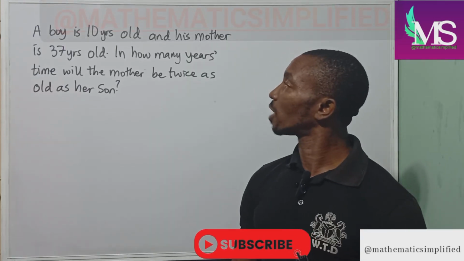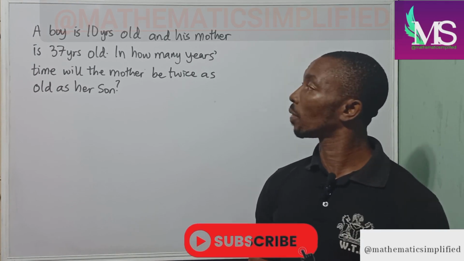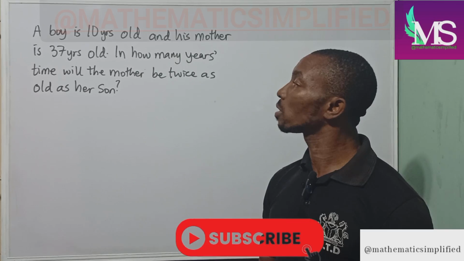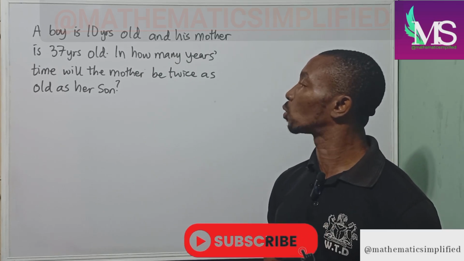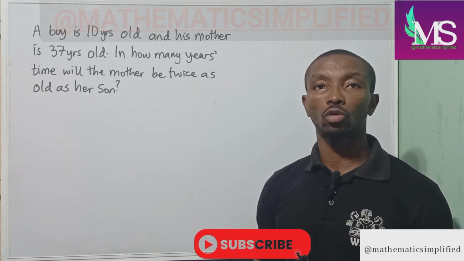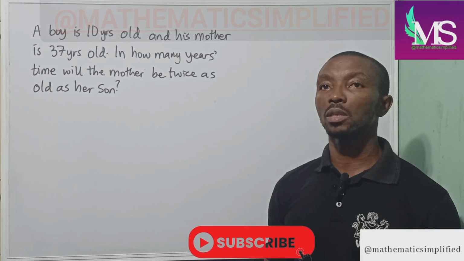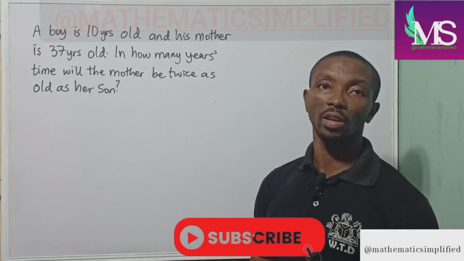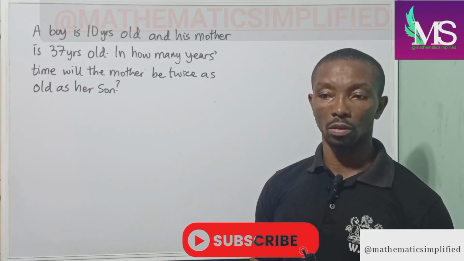A boy is 10 years old and his mother is 37 years old. In how many years' time will the mother be twice as old as her son? Now, we are trying to look for how many years ahead will the age of the mother be twice the age of the son.